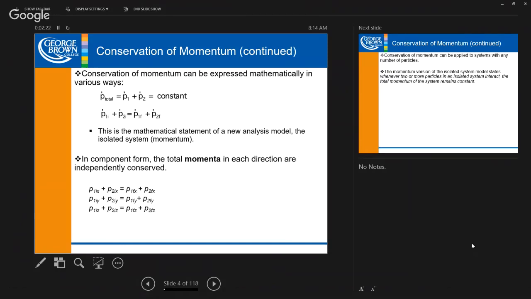Where we have the initial momentum on the x-axis for one part, and the initial momentum on the x-axis for another part, and that equals the final of part 1 and part 2 on the x-axis. The y-axis and the z-axis are the same thing. But the idea here is when we look at the analysis model, momentum is not destroyed, it's conserved.